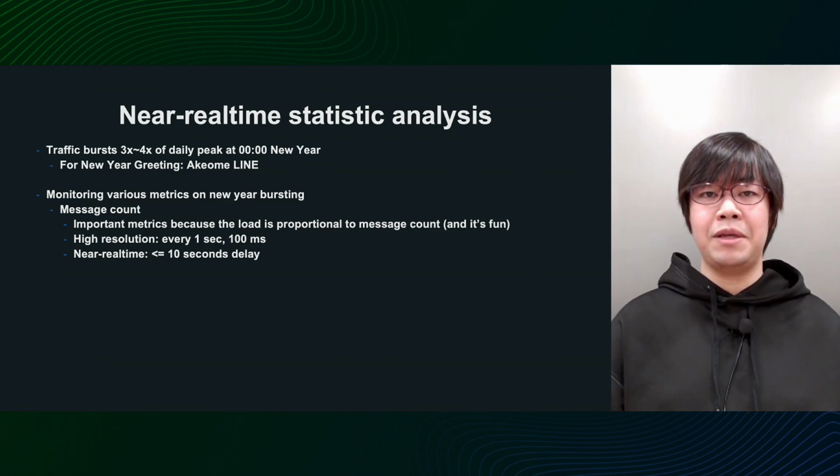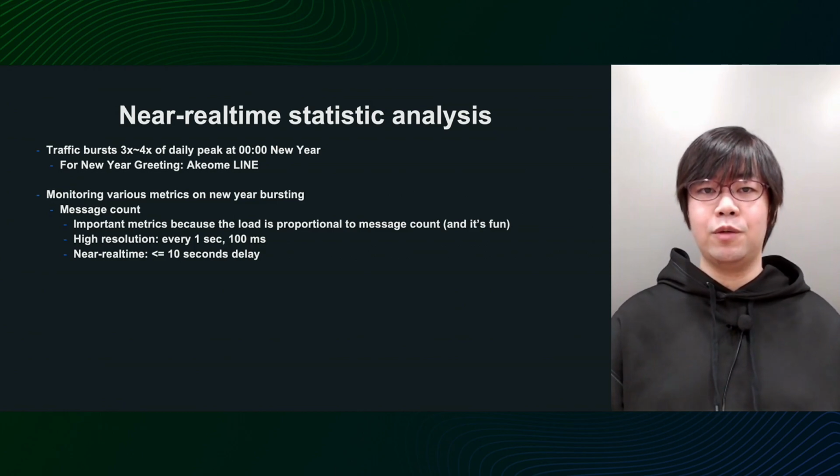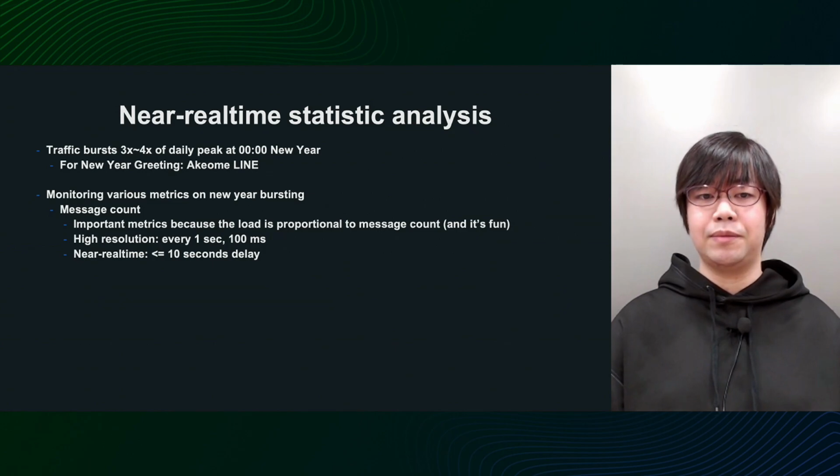We are on high alert at this time every year and monitor a variety of metrics. One of the most important metrics is the message count. This is a very important metric because the load on the various components increases in accordance with the message count.